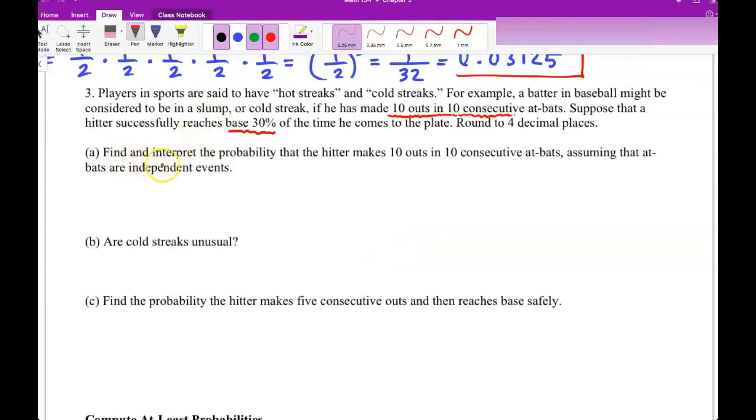Okay, part A, find and interpret the probability that the hitter makes 10 outs in 10 consecutive at-bats, assuming that at-bats are independent events.